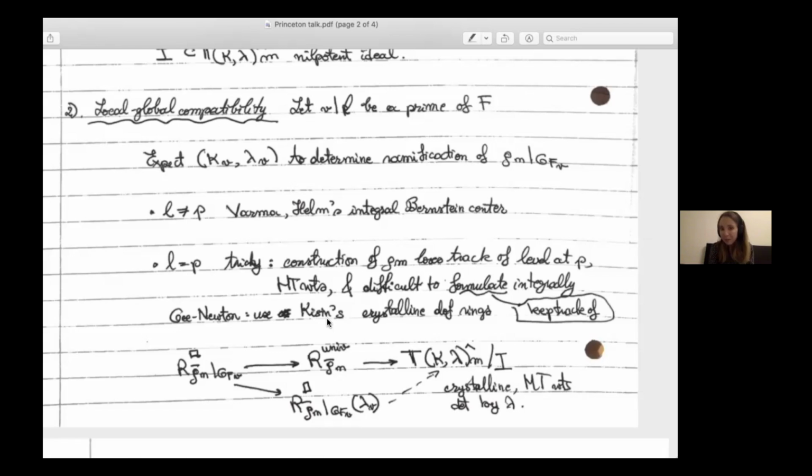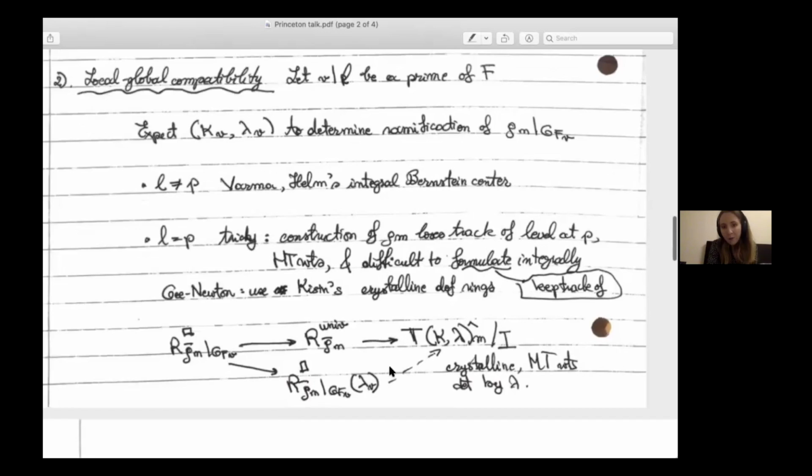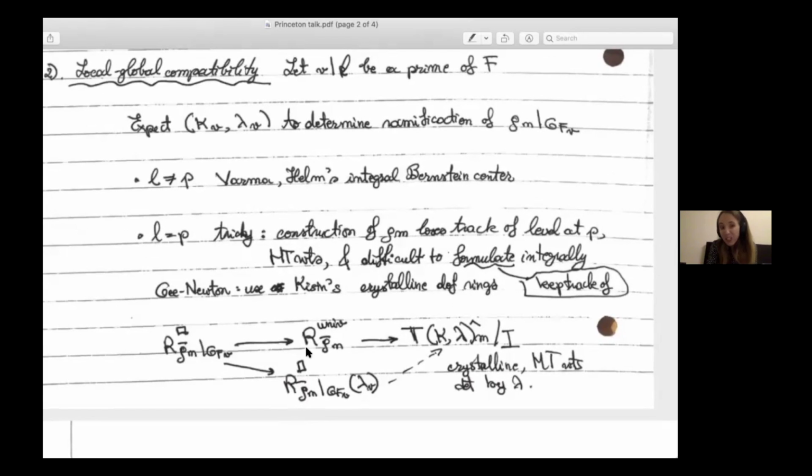But still, you can be optimistic and conjecture that this crystalline deformation ring sees the Galois representations that you're constructing. So to be precise, the global representation, rho_m, this universal family of Galois representations, gives you a map from the universal global deformation ring to the Hecke algebra, or the Hecke algebra mod I, because that's what we have. So this map is given to you by rho_m. Then, just by restricting from the global representation to something local, you have a map from the unrestricted local deformation ring.